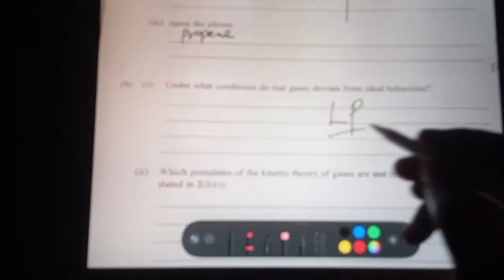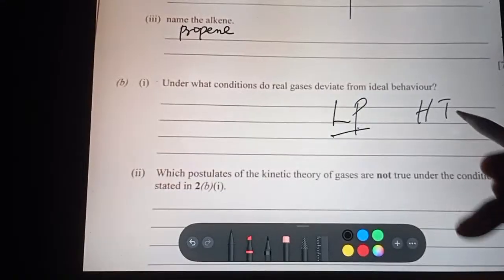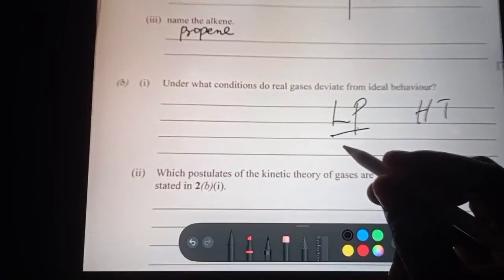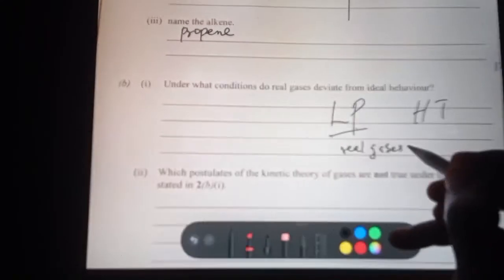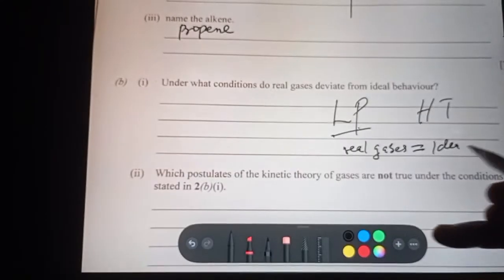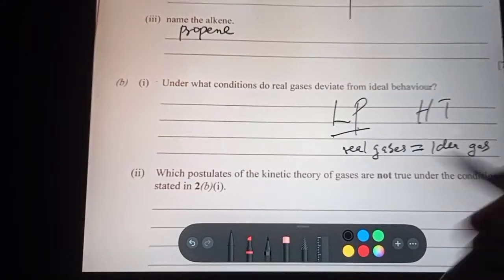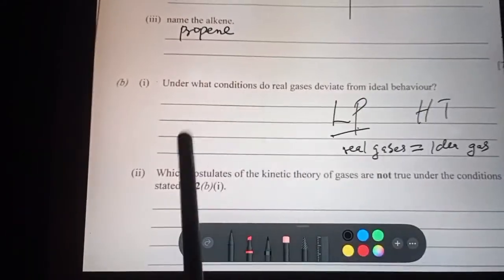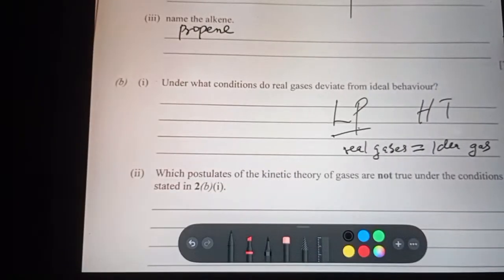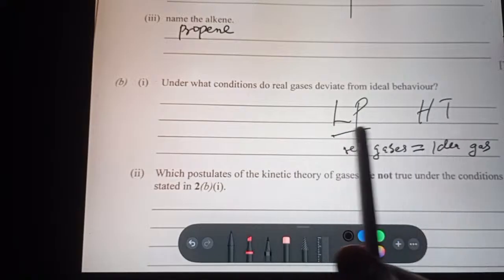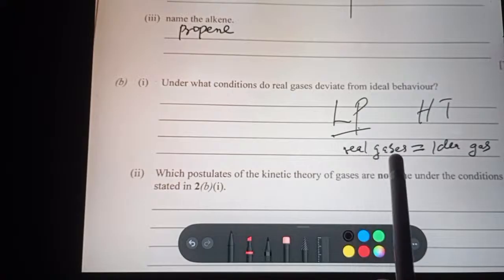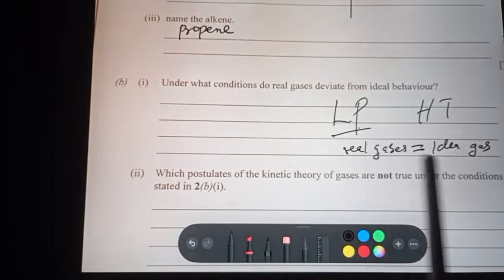At low pressure and high temperature, this is when real gases behave like ideal gas, but they are asking us the opposite. They say deviate from ideal gas. So I have said, what are the conditions? Low pressure and high temperature. That is when real gases show the least deviation from ideal gases.